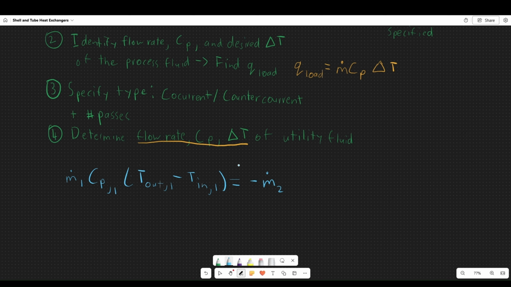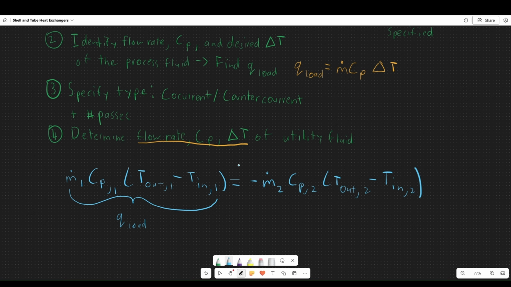So that equals negative M2, which is the flow rate of the utility fluid, times CP2 times T out 2 minus T in 2. And so this is Q load, which we already calculated.